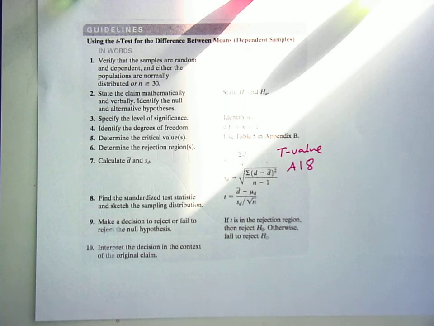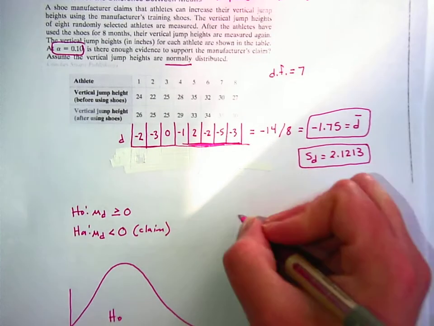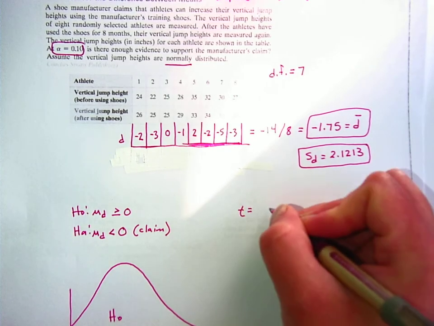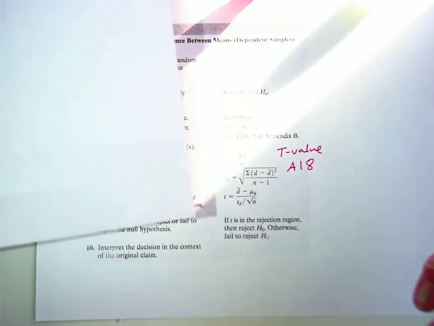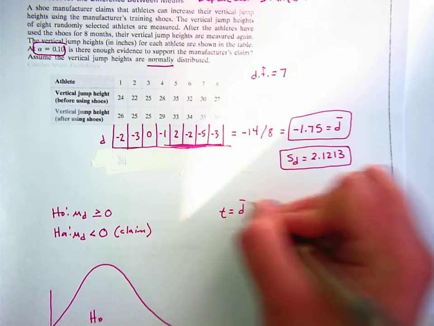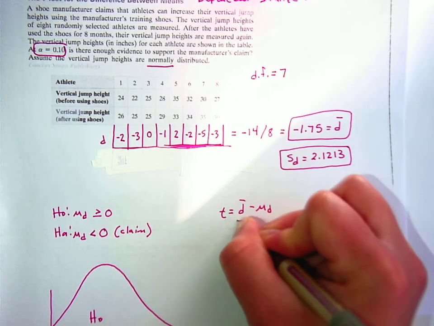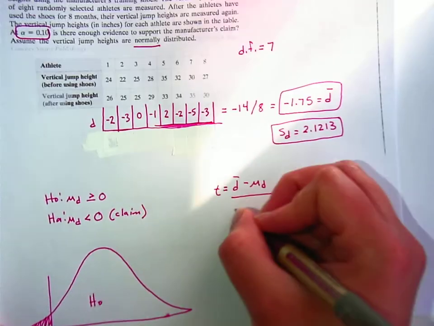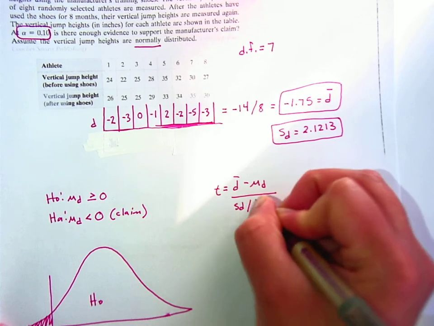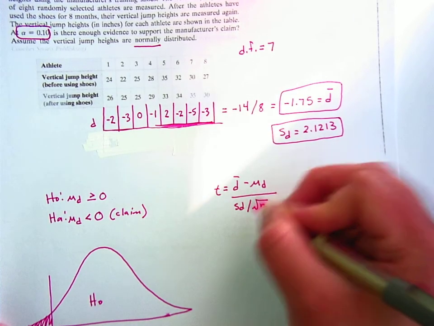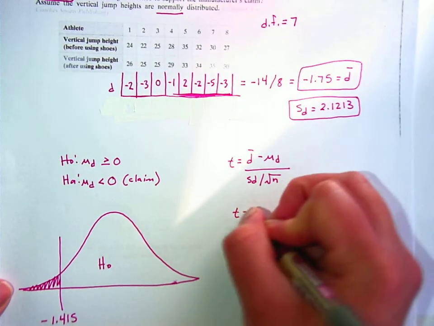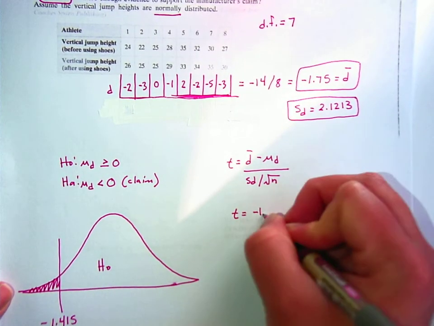Okay, now I need to find the standardized test statistic, which is T equals d bar minus mu sub d over s sub d divided by the square root of n, which is technically still x minus mu over sigma. So T equals, let's see, that's -1.75.